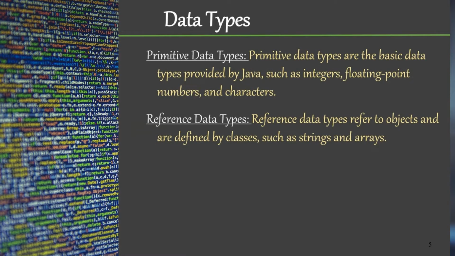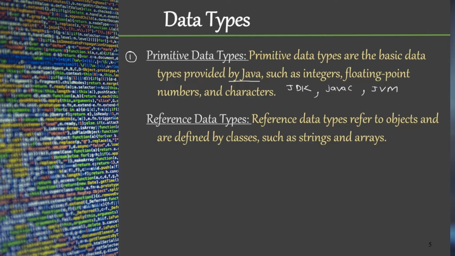Now, a very important point, and you have to remember this for your whole life. You can't miss this. There are two kinds of data types in Java. The first one is primitive, and primitive data types are provided by Java. I'm talking about the JDK, Java Development Kit, the Java compiler, and the JVM.